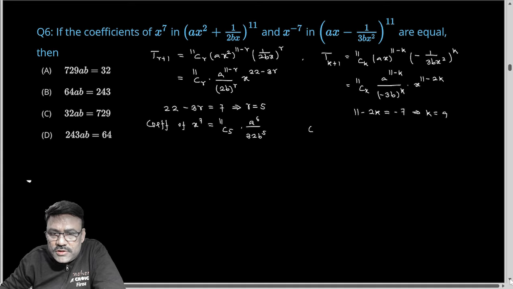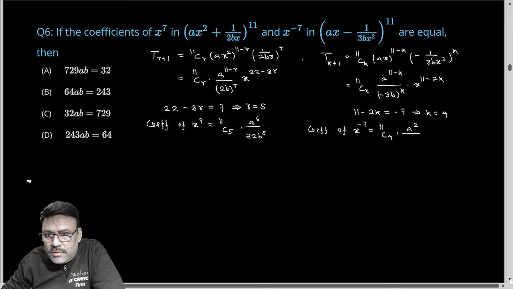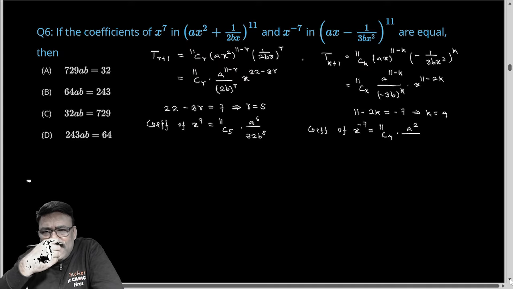So what is the coefficient of x raised to minus 7 here in the second expansion? It is 11C9, A raised to 11 minus 9 means A square. Then minus 3 raised to 9. Is it 9 here? I'm getting minus sign. Let me check once again.